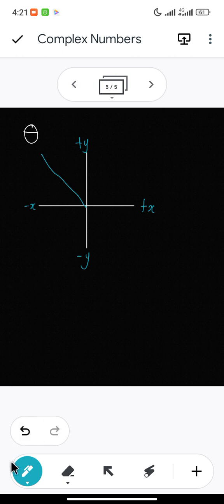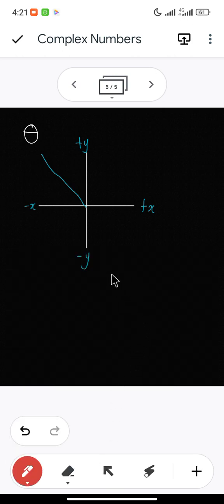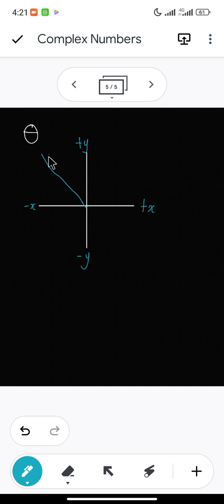Okay, now in order to draw our augment here, remember we said the augment is between r and positive x. So we're always starting from the positive x and we're going towards r in an anti-clockwise direction. So this whole movement here is our augment.